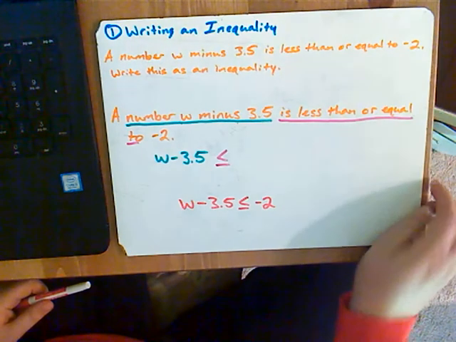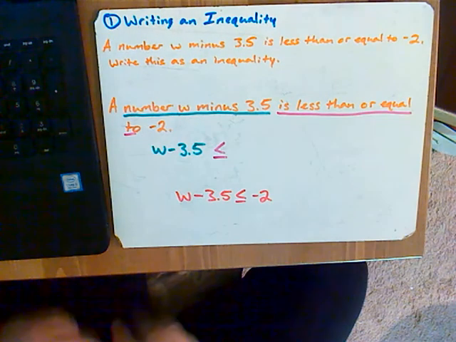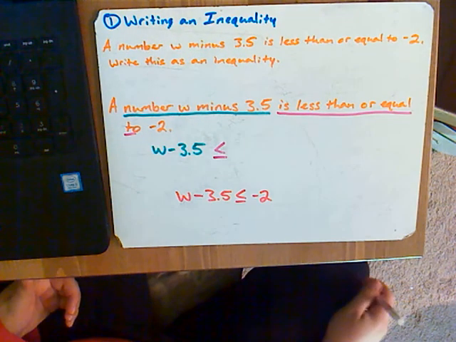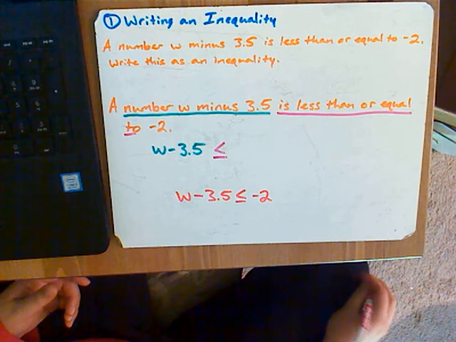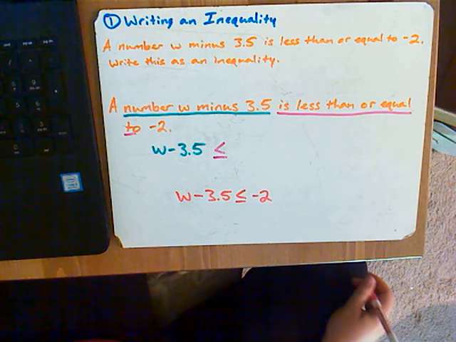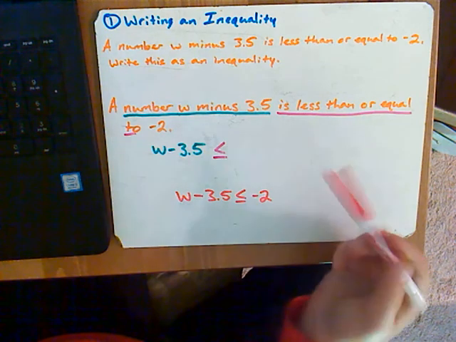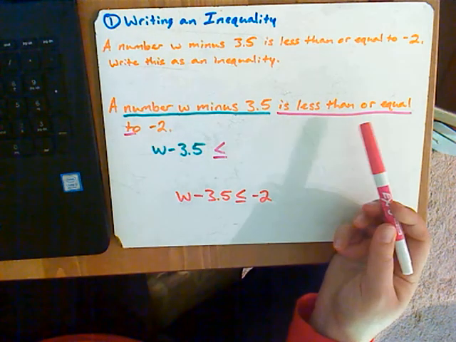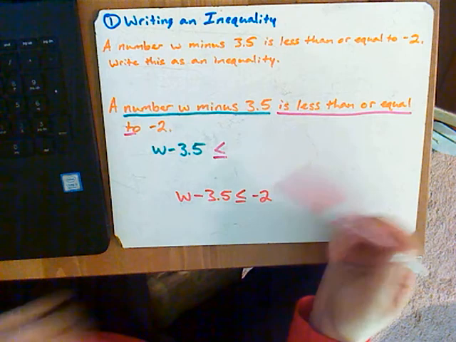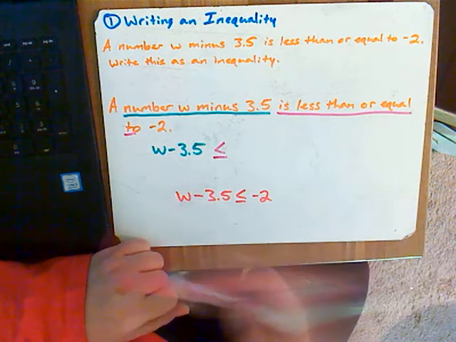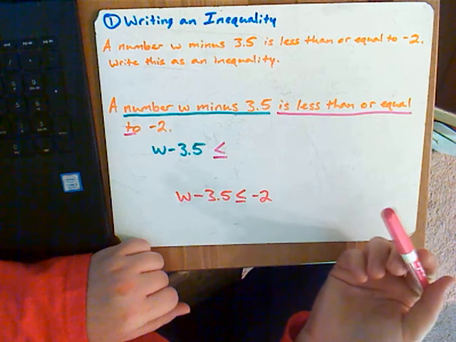So our first example is looking at writing an inequality. So we have the sentence, a number w minus 3.5 is less than or equal to negative 2. And they want us to write this as an inequality. So we can take this apart and we know what we need to do.